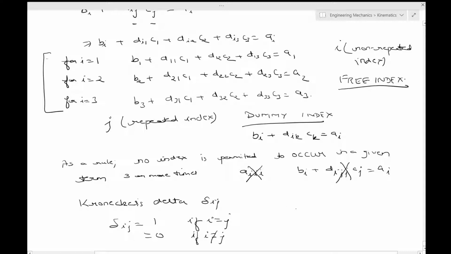For example, delta 1 1 will be equal to 1, delta 1 2 will be equal to 0, delta 3 3 will be equal to 1, delta 3 2 will be equal to 0.